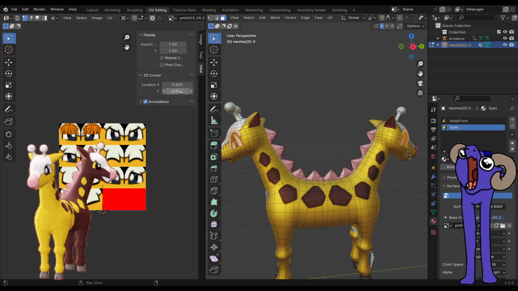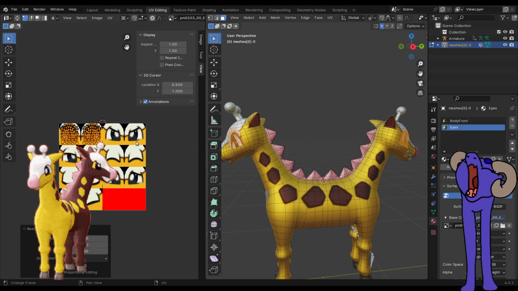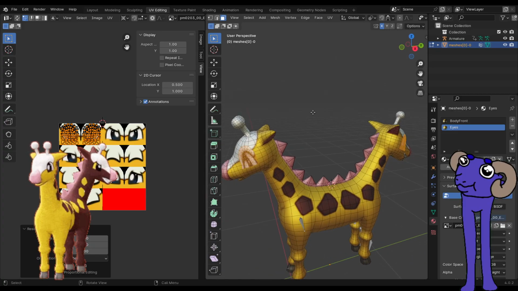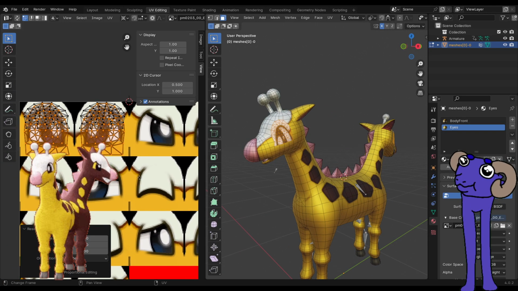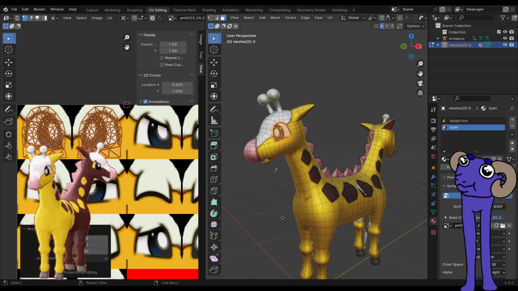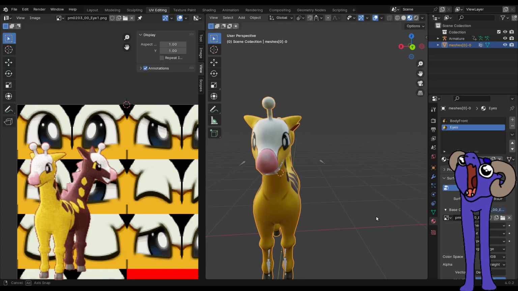So from here, I need to scale Y. Did that fix it? Fix the front ones. There we go. Or the back ones. I keep getting the front and the back mixed up.